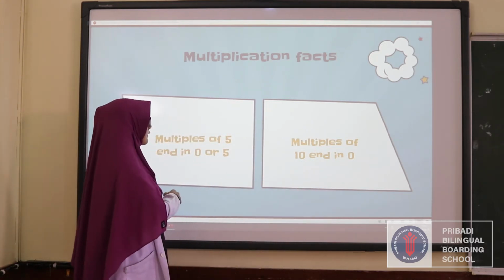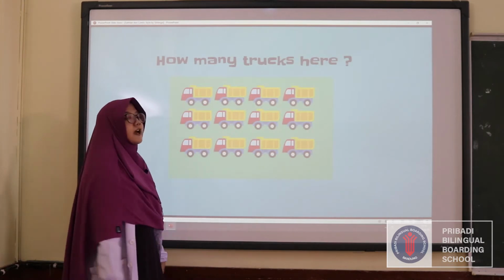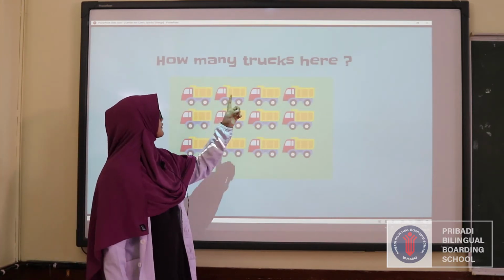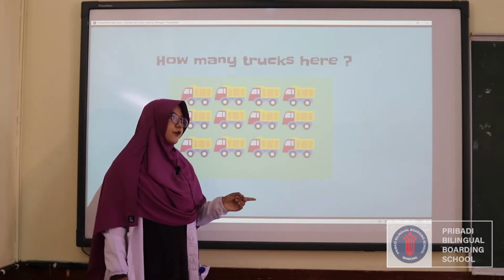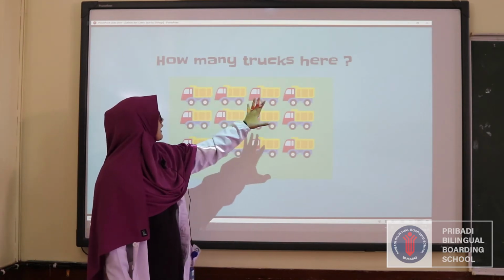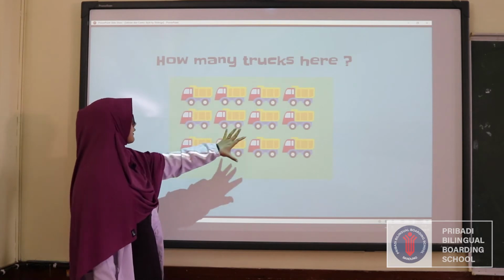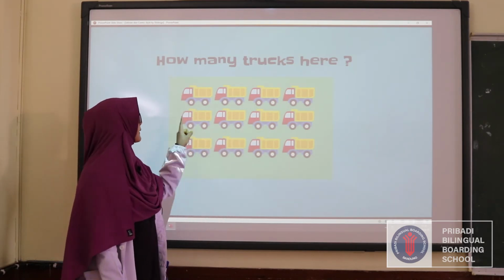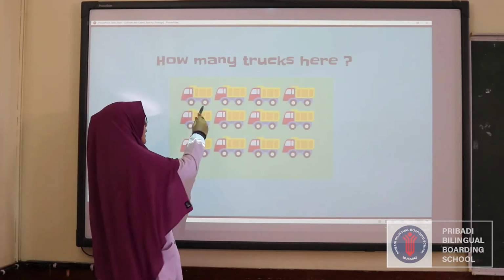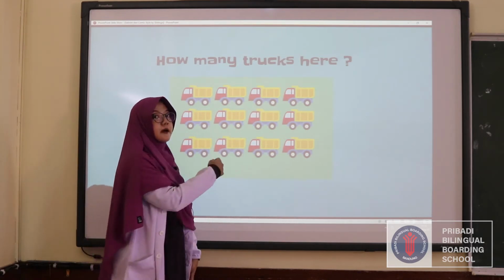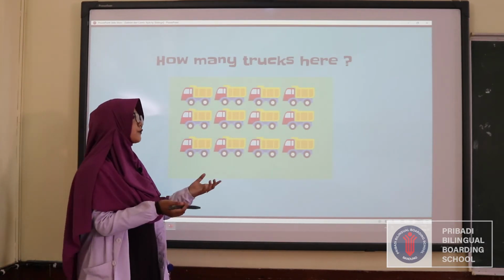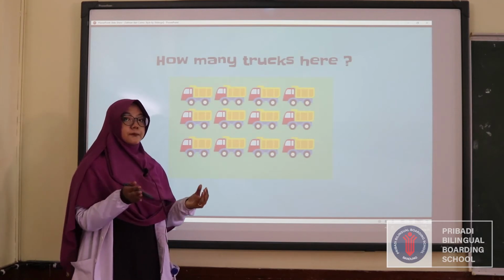So I have a question for you here. When I ask you how many trucks here, maybe some of you will count the trucks one by one. This picture, we call it an array. Maybe some of you will count it one by one and you will find the number. But maybe some of you will also do it by repeated addition.